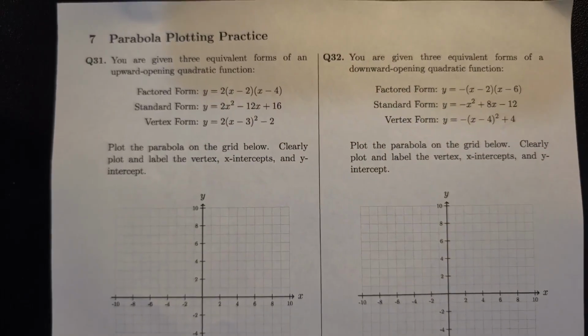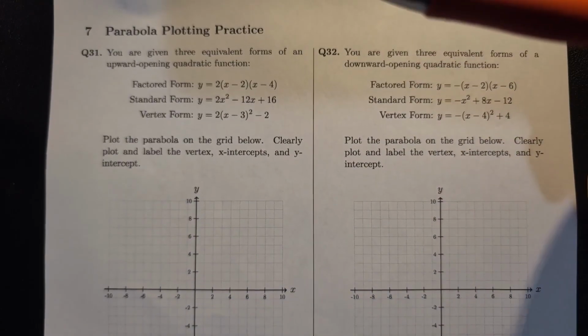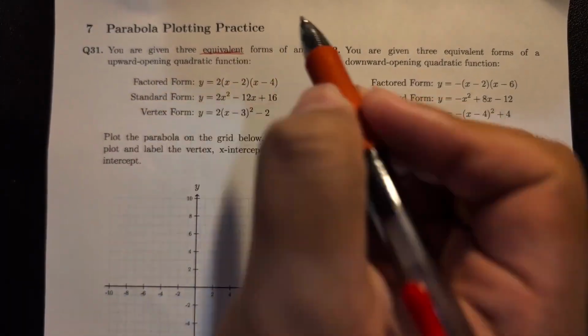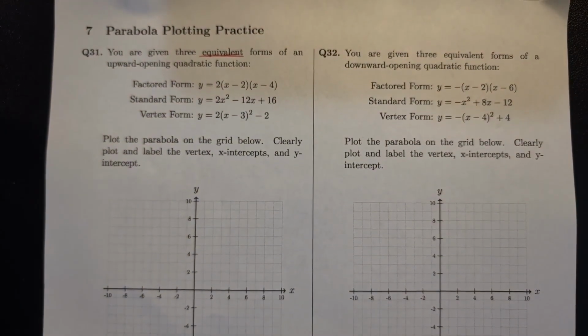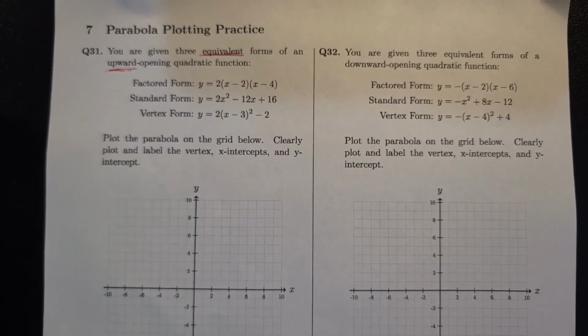Okay, and the very last section, another problem that will be worth lots of points. We are given three equivalent forms of a quadratic, an upward quadratic. So we know it's going up.